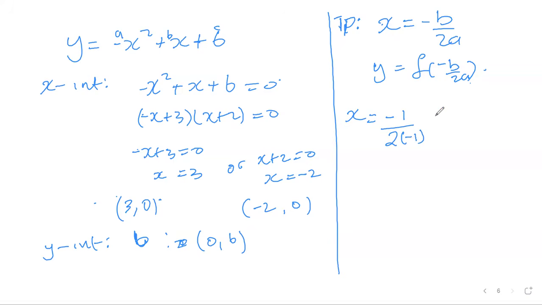-1, which is a half. And my y coordinate for the turning point will be found by substituting this half into the original function.